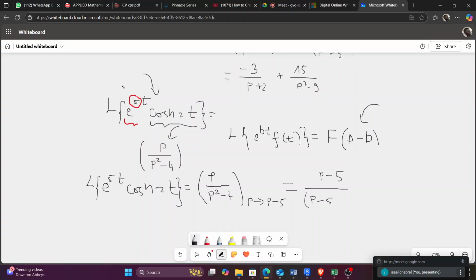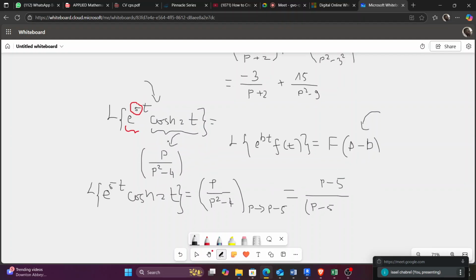Okay. Do you understand that with first principle, what I said is the first thing is we solve for the Laplace of the function next to the exponential alone, right? Which is this one. In a simple word, after solving this, what you are supposed to do, because what I'm doing here, I'm just writing with beauty, but let me explain it short and you see where I'm coming from.